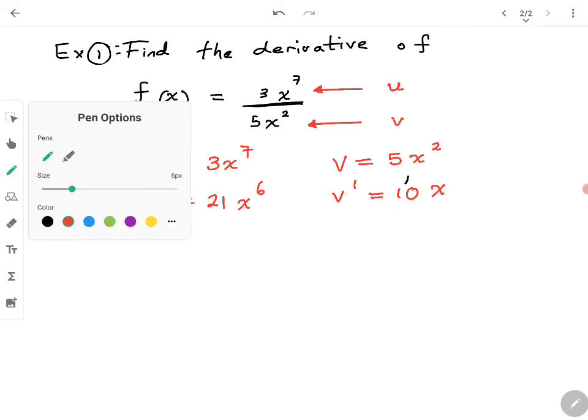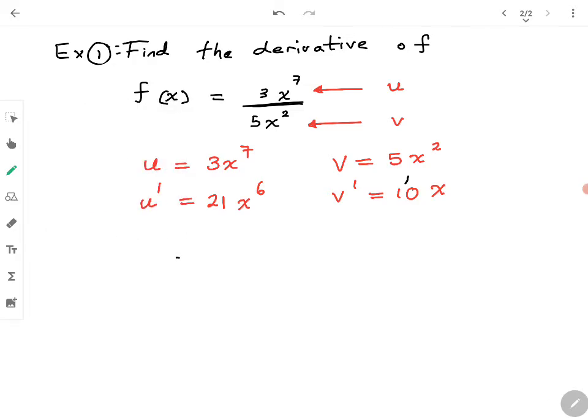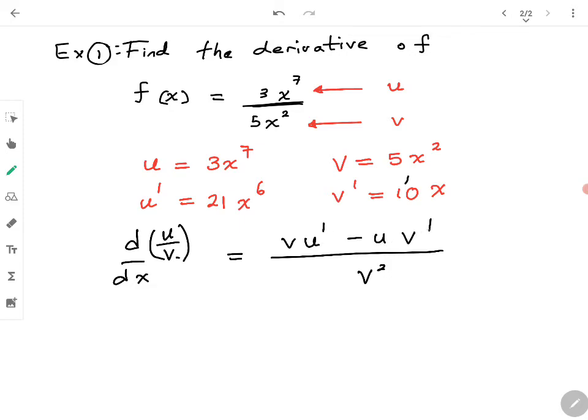Once we found those four terms, we can use the formula for the quotient rule, which is this one, to find the correct derivative. If you look at the formula, it involves the four terms we found here.